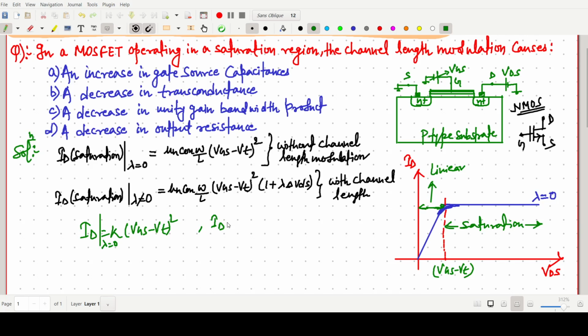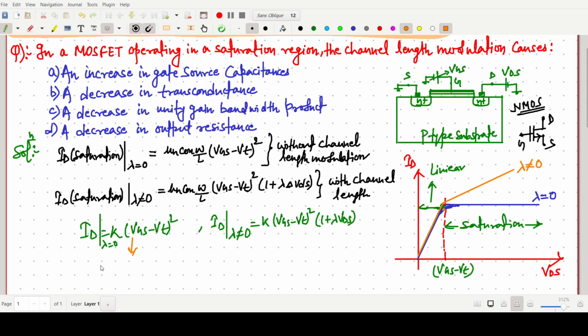And for ID when lambda not equals to 0, it is k times VGS minus VT whole square times 1 plus lambda VDS. If we plot this one with channel length modulation, we find that it has some slope.